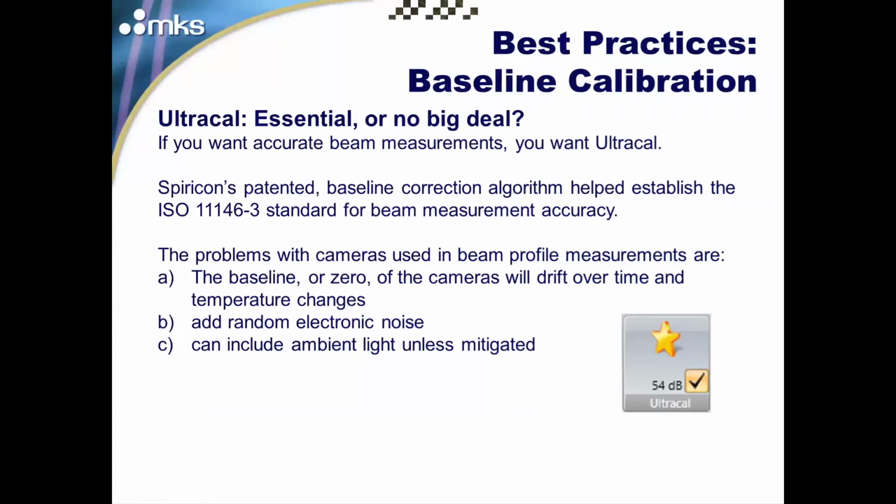The camera hardware has random electronic noise, and we want to be able to remove that. And in your environment, you may have a little bit of light leakage or some ambient light in your configuration. Unless you mitigate that in some other way, we want to be able to get rid of that from your measurement.